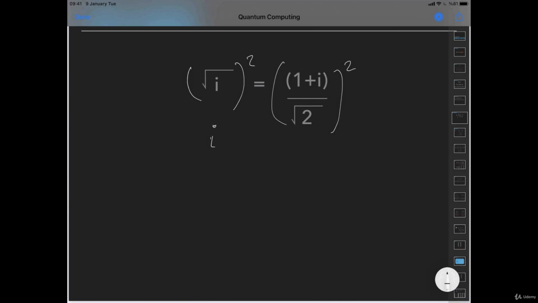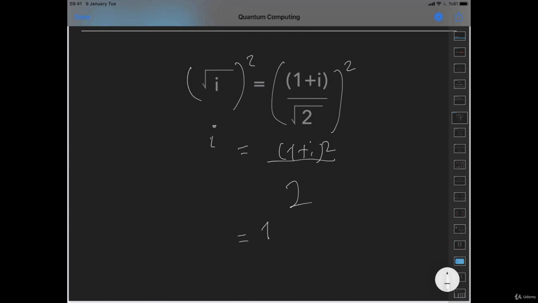So I hope you managed to do it, but let me show you how it goes. Of course, the left hand side will be equal to i because it's obvious, but over here at the right hand side, we're going to have divided by 2, and we're going to have (1 plus i) squared. Now, how do we square this 1 plus i? Of course, this is a squared plus 2ab plus b squared.